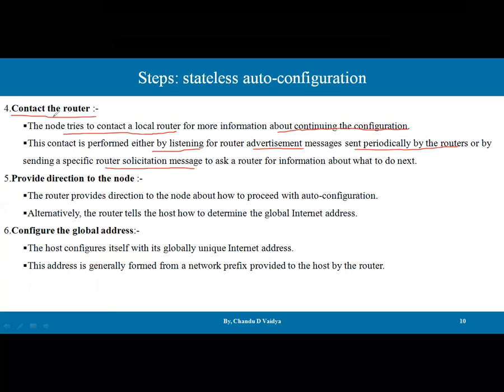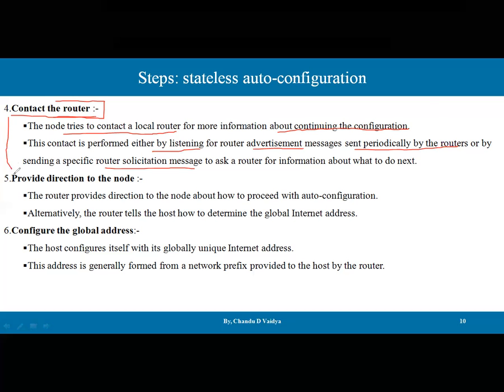So this contacting of the router can be done automatically by the router itself, or we can send the router solicitation message. With solicitation, we are sending a request on behalf of our requirement. Both of these are possible ways to get configuration information from the router.